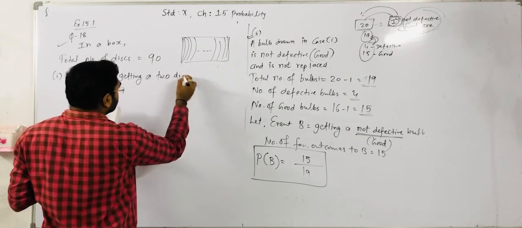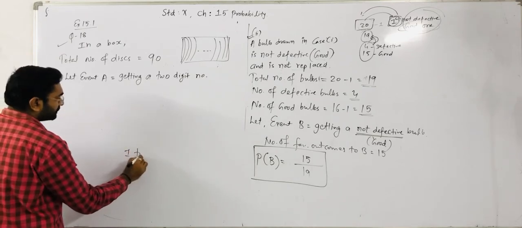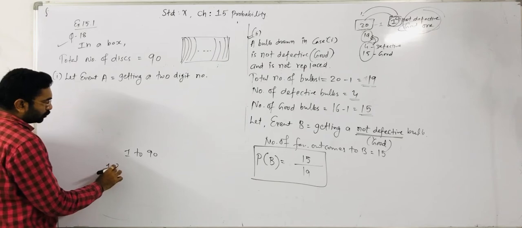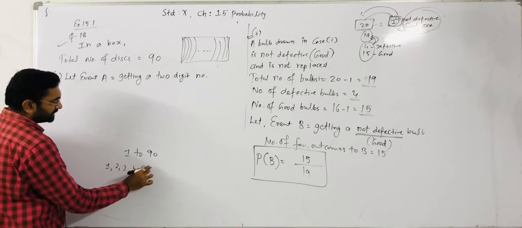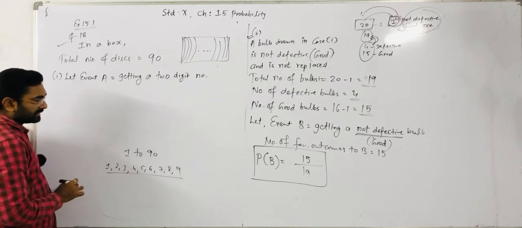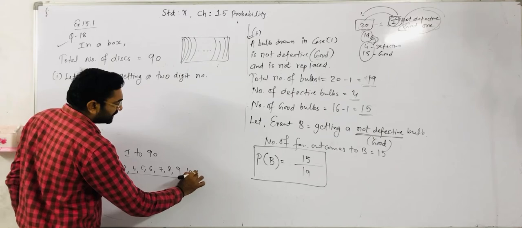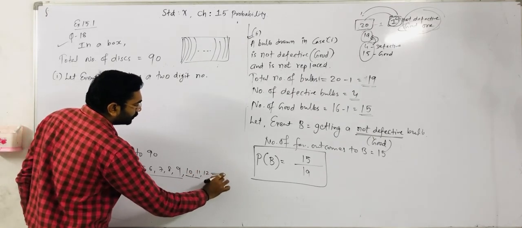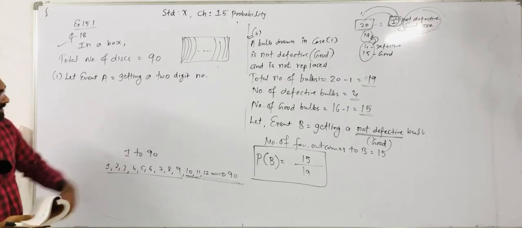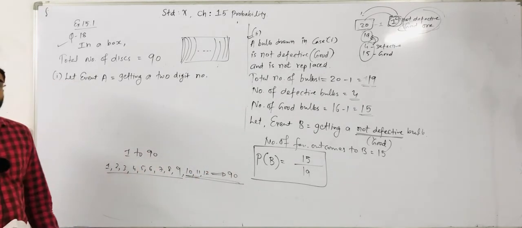Now see, from 1 to 90, the numbers 1, 2, 3, 4, 5, 6, 7, 8 and 9 are 1-digit numbers. After 10 onwards, 10, 11, 12, up to 90, all are 2-digit number discs. Right? From 10 to 90, all are 2-digit numbers.